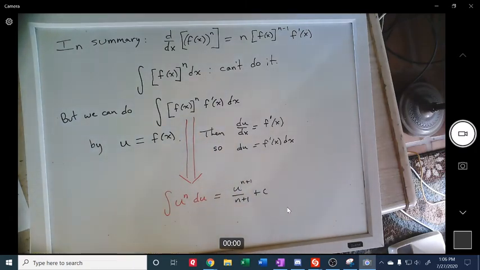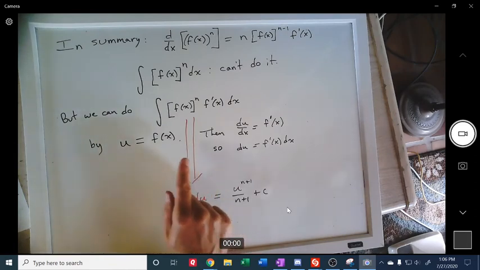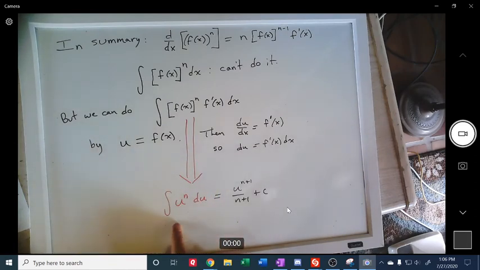So this is the theoretical side. Usually I do something really practical first, and then I show you the theory, but I'm flipping it around here. I want you to see the theoretical side of what's going to happen with our u substitution, and then we'll do an example.